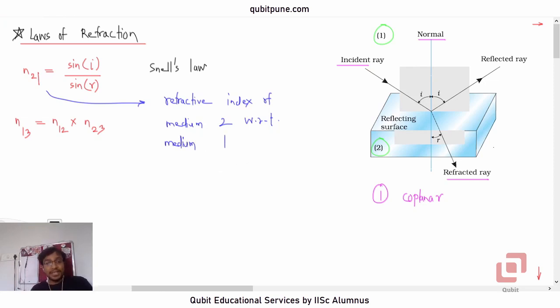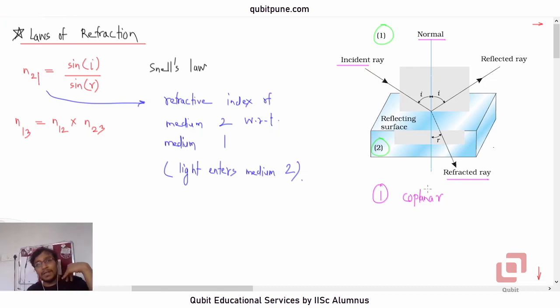So this basically tells us that light enters medium 2, but before that it is actually traveling in medium 1.